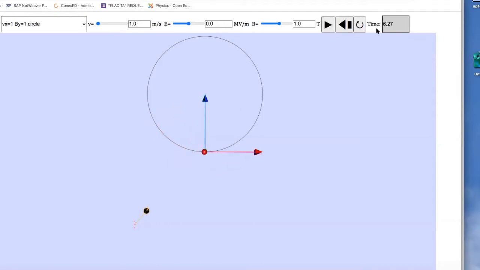Okay, it took 6.28 seconds for it to make one revolution. Does that make sense? And then what does the radius look like? Well, remember from the middle of the screen to the top edge was about 2 meters, right? To the top edge. So the radius looks like it's about 1 meter.